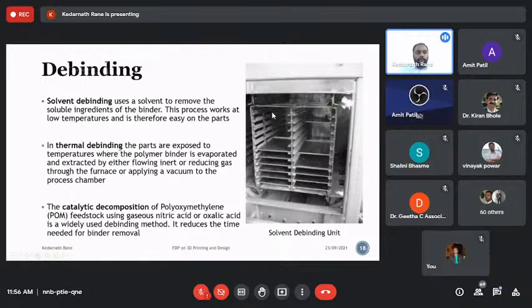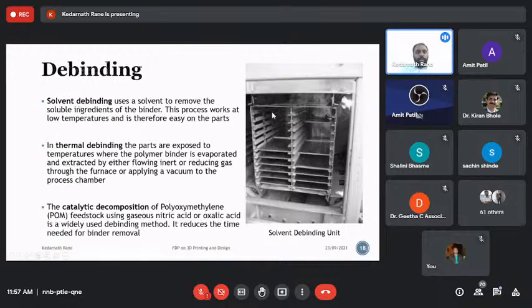One is solvent debinding, thermal debinding, and catalytic decomposition. As I said earlier, POM based systems require a specific catalytic decomposition mechanism to process the parts. But for most of the MIM and PIM systems, these two components are regular.